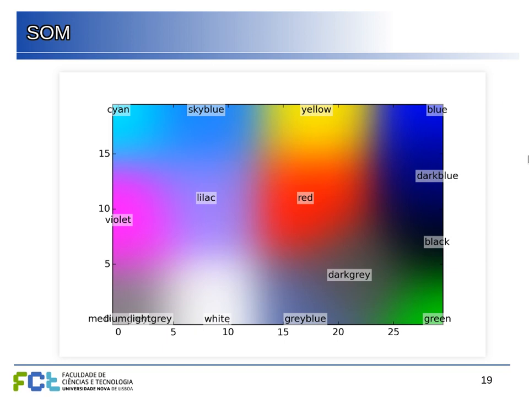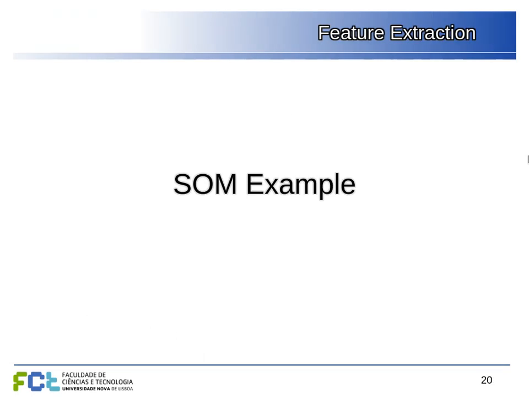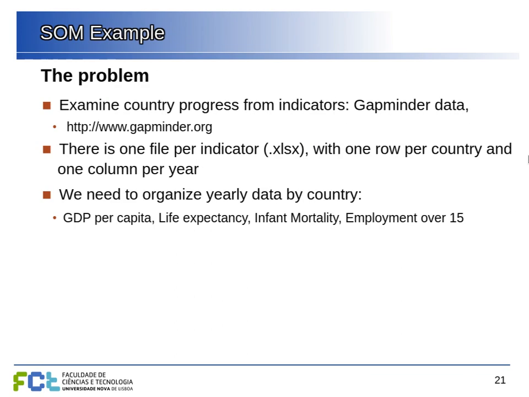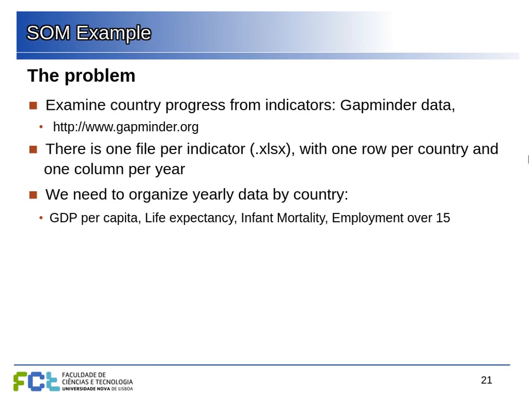Now let's see a more practical example of why we need feature extraction and how we can use self-organizing maps to help visualization. The problem is we want to try to organize data, looking at different countries according to their patterns of development.